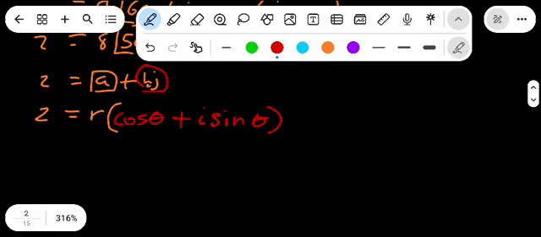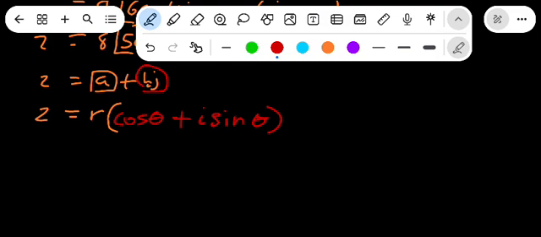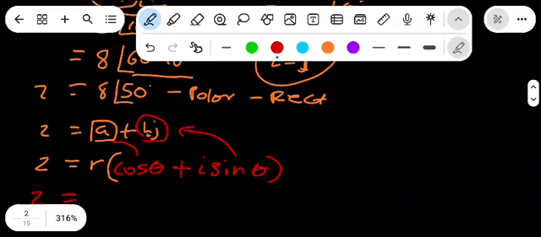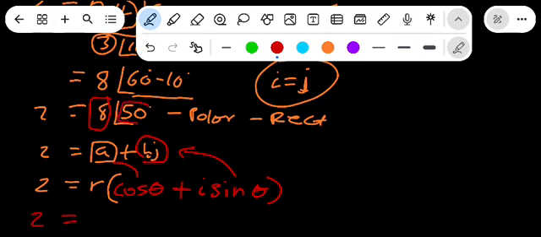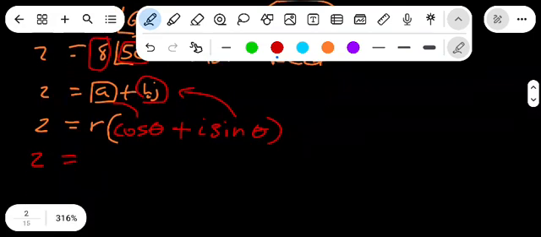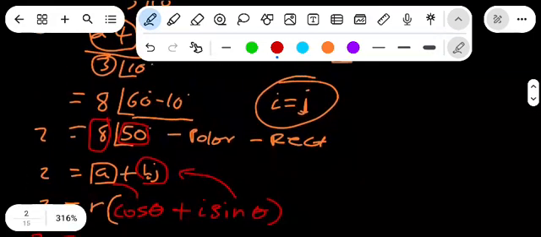This is the real part, and this is the imaginary part. Here r will be 8 and the angle is 50.